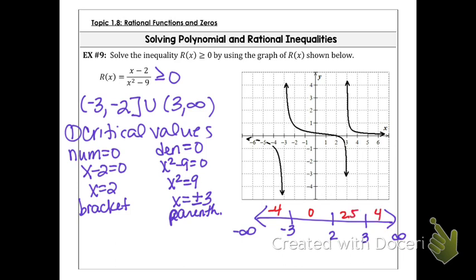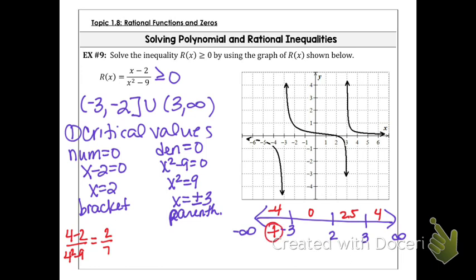And we're just going to plug them into that rational function we have there. I'm going to do the work over here. I'm going to plug in the 4, and get 4 minus 2 over 4 squared minus 9. So that's 2 over 16 minus 9 is 7, so it's positive.